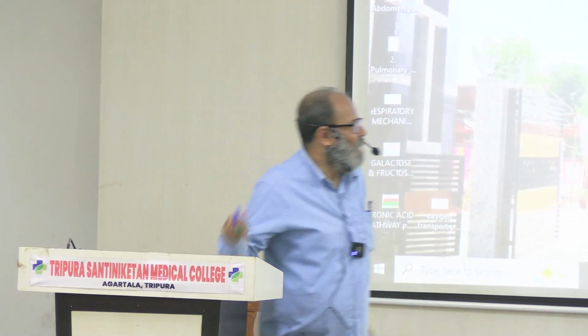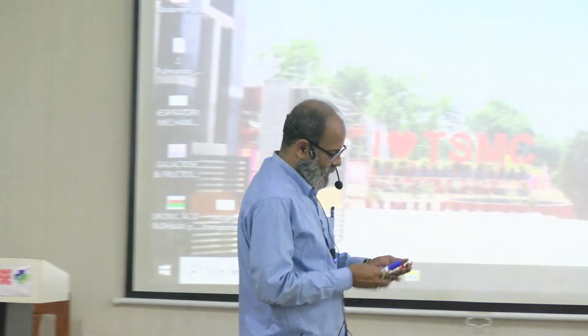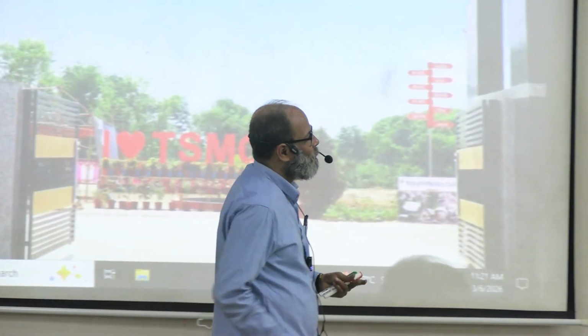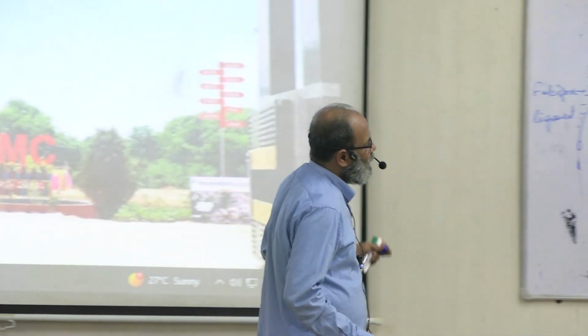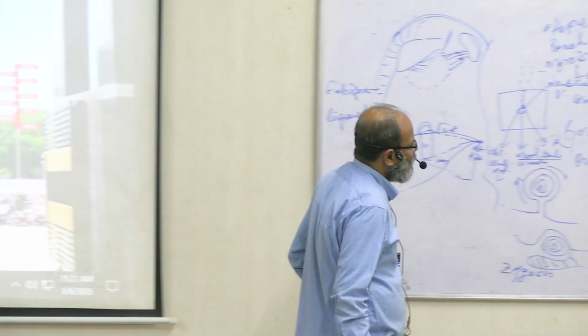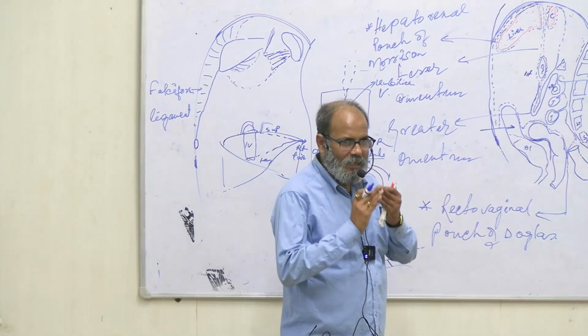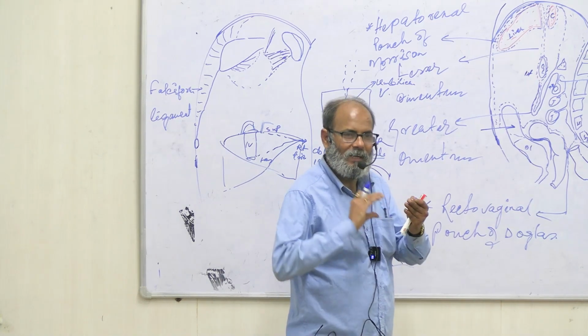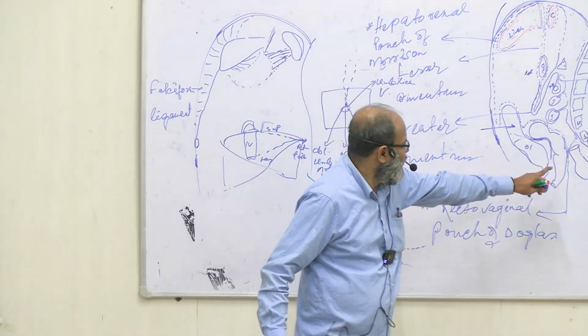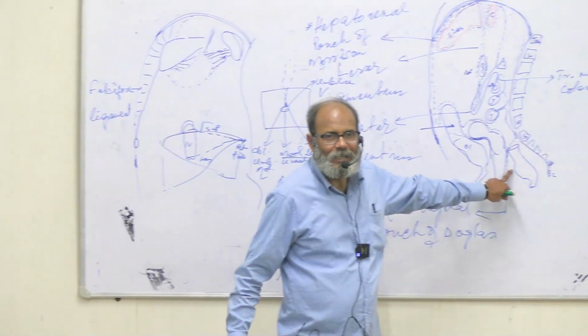Then a miracle happens. There is a layer of peritoneum which was lying on the upper third of the rectum, on its anterior and lateral part. In the middle third, only the anterior surface.